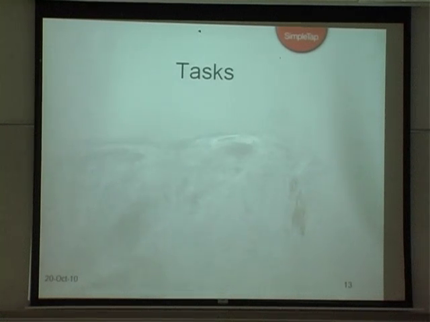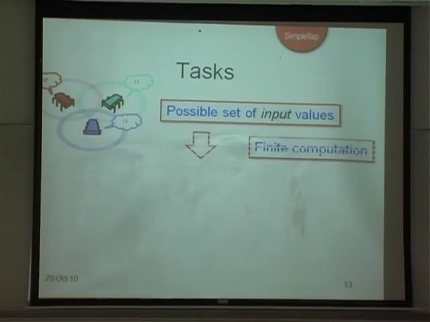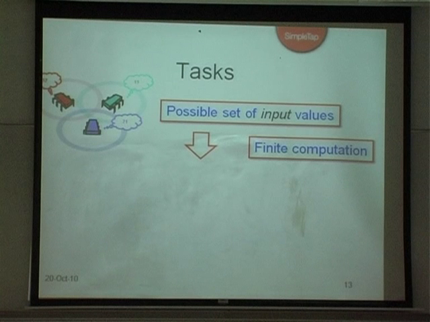Now, in order to distill the notion of computation into a fairly simple and manageable form, we're going to focus on a restricted set of problems that we'll call tasks. So a task has the property that we start out with a possible set of input values, and after a finite computation, that is, you can't sit there and wait forever for something to happen, because that requires an infinite number of steps.